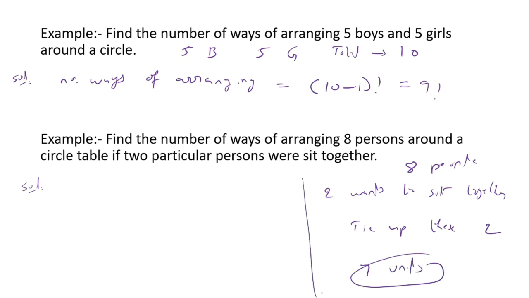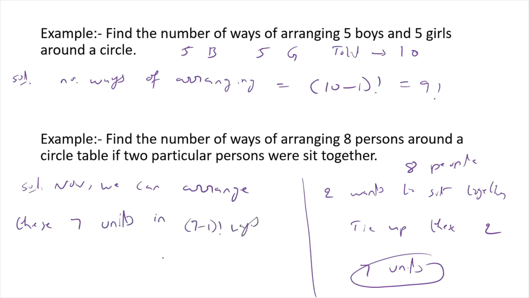So we have these 7 units of people. Now we can arrange these 7 units in 7 minus 1 factorial ways. But in this one unit consisting of 2 people, I can arrange them among themselves in 2 factorial ways.